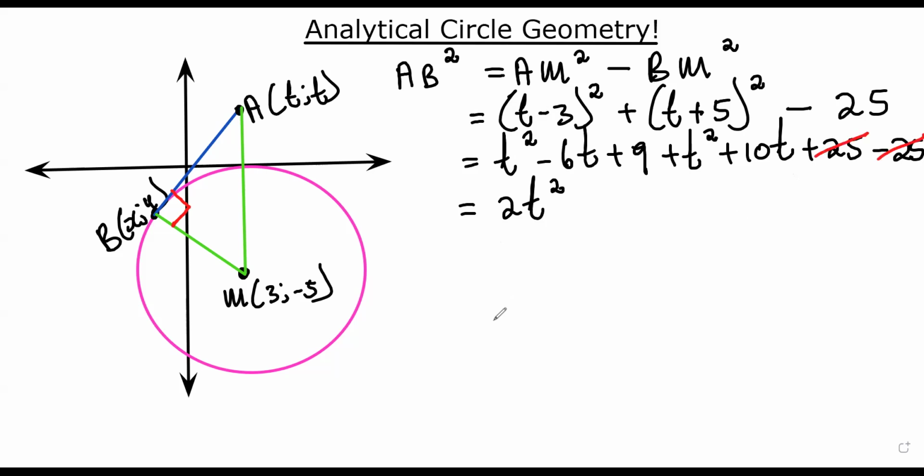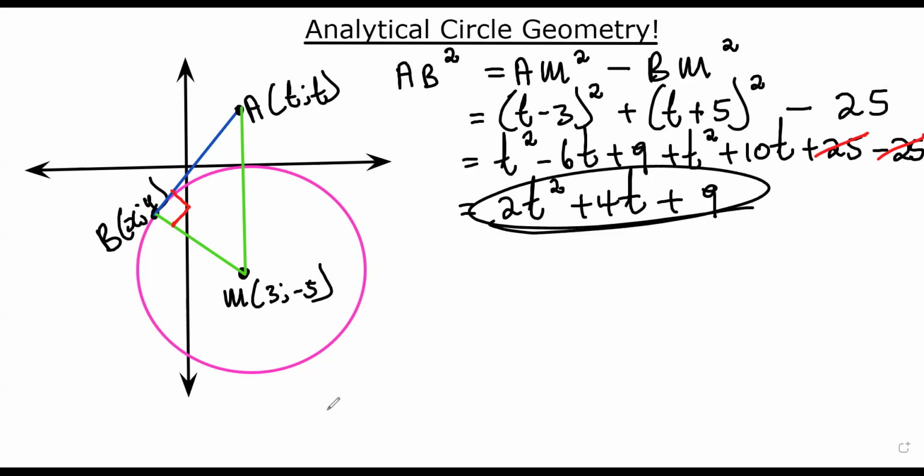Of course, these ones will safely cancel out. And if you say 10 minus 6, you get a 4. And, well, the 9 goes alone, so you'll simply say plus 9. But what is it that you have here?